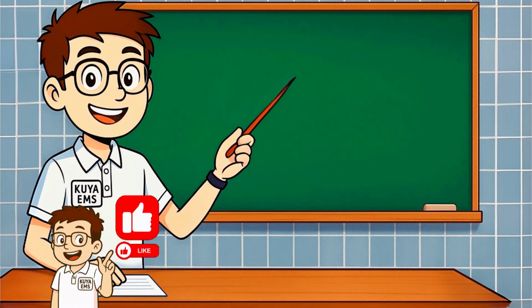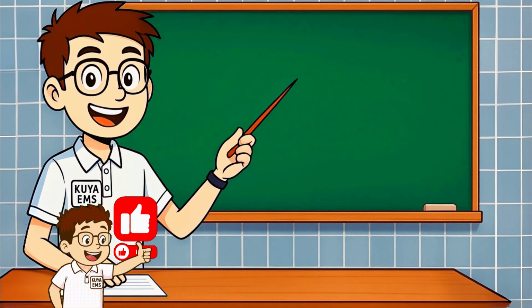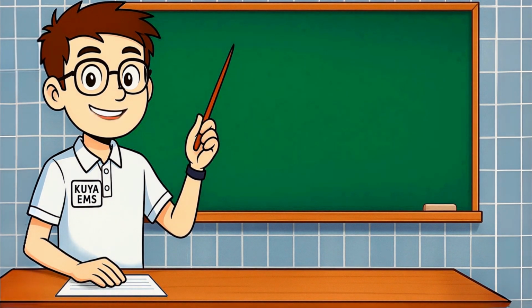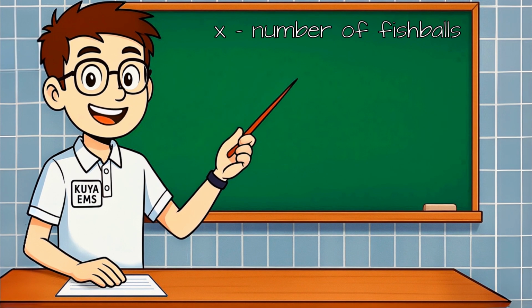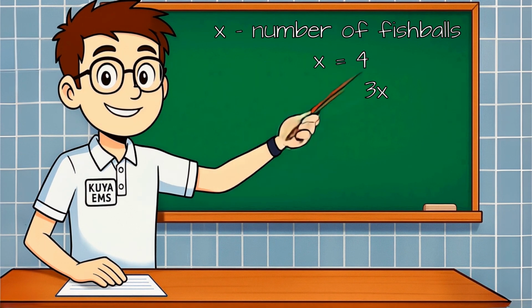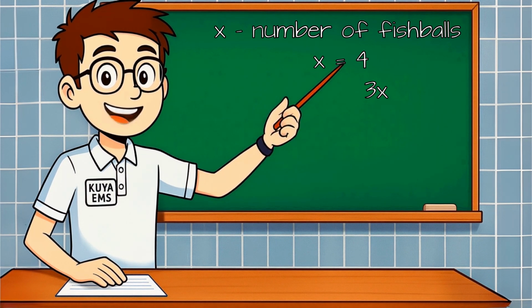Another easy example. If one fishball costs 3 pesos, how much would 4 pieces be? Moving into the simple solution, let x be the number of fishballs, 4. So the total would be the cost per piece times the number of fishballs. So 3 times the variable x.